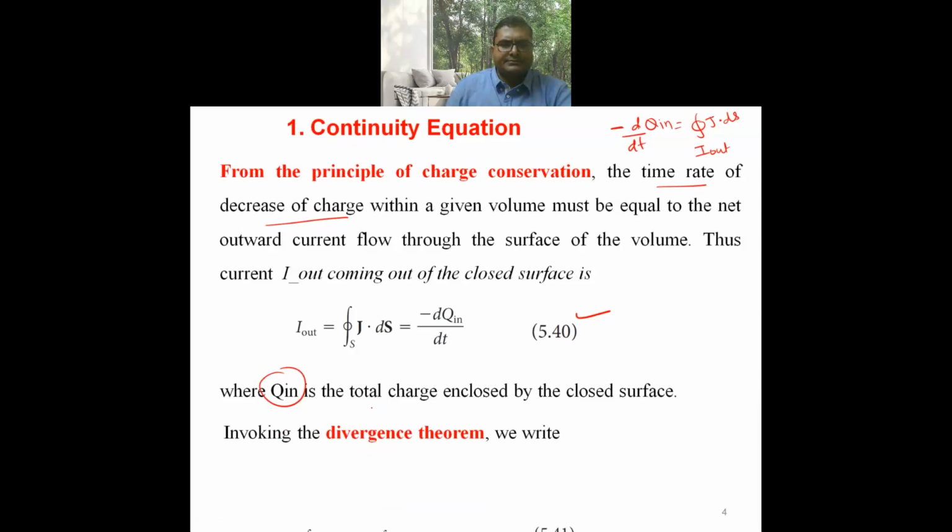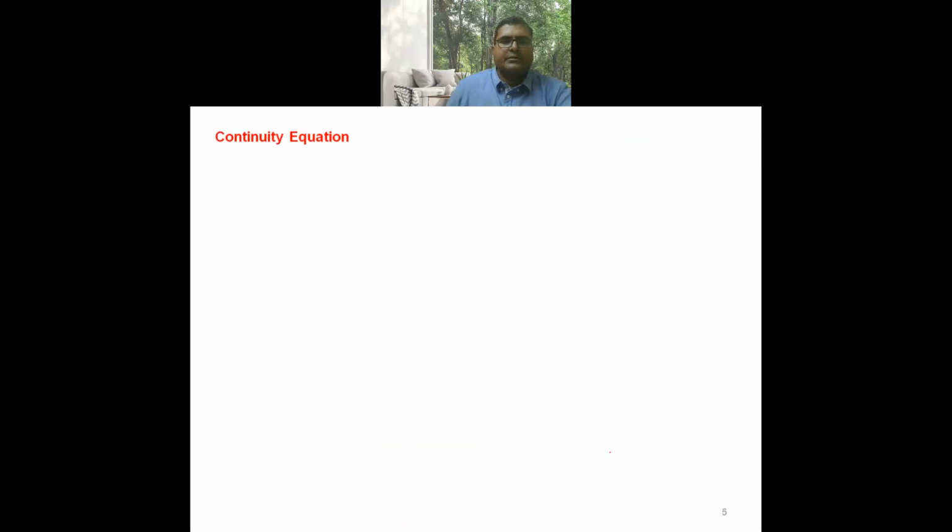By applying the divergence theorem, this term will become the volume integral of del dot J dv, equation 5.41. Once again, I am rewriting equation 5.41.